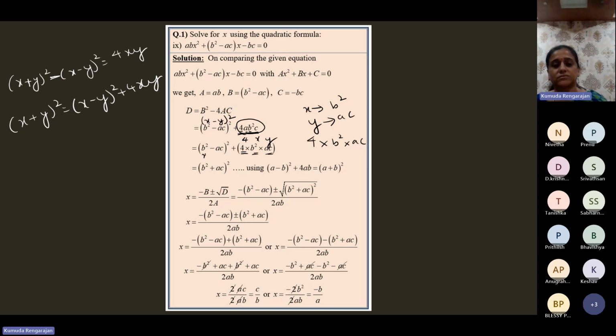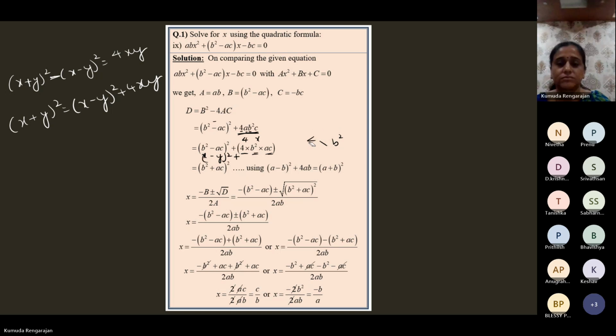So here we have x minus y the whole squared and plus 4, this is x and this is y. So x minus y the whole square plus 4xy is equal to x plus y the whole square.